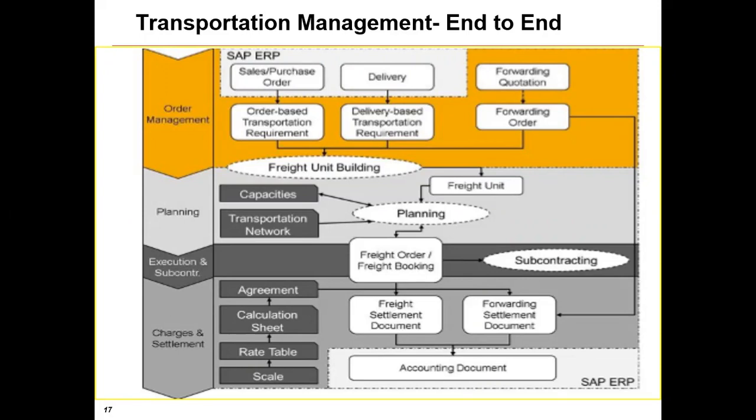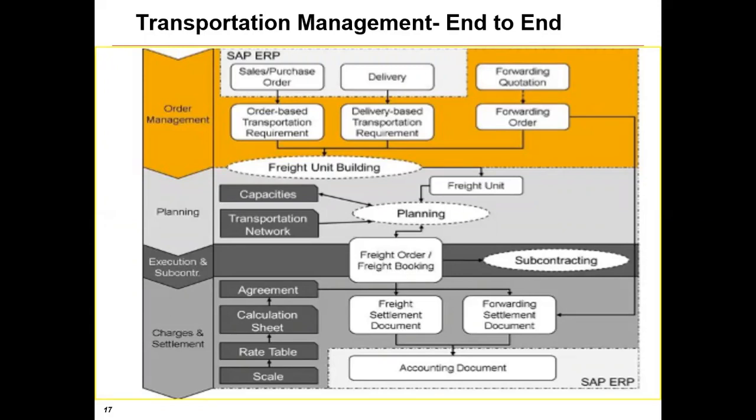Now, based on the scales, we have the rate table. In products also, in transportation management, we need to maintain scales in purchase info records or in agreements or in quota arrangements. We do not define the scales in a sales order. We never define the scale in a contract, meaning documents, or in scheduling agreements, or delivery documents, or sales documents.